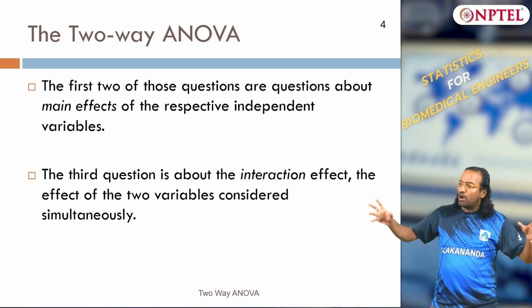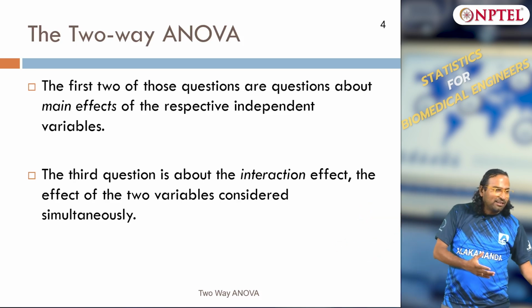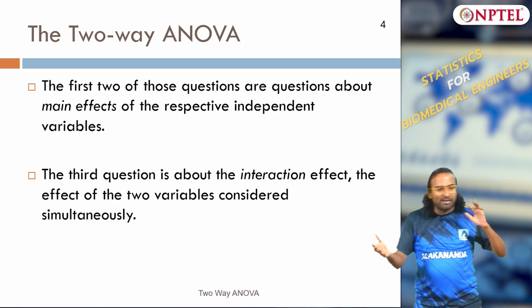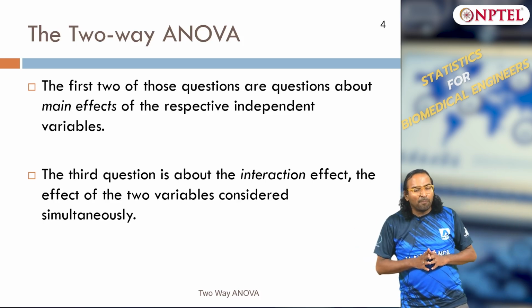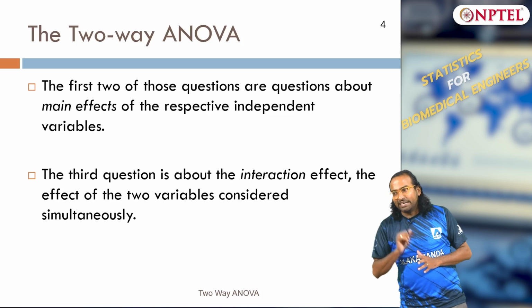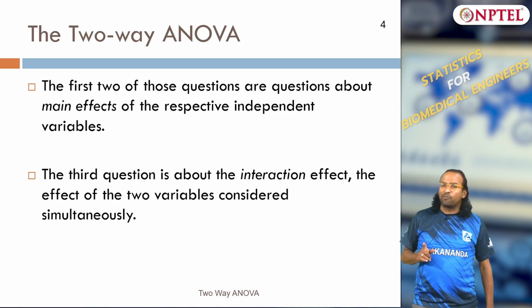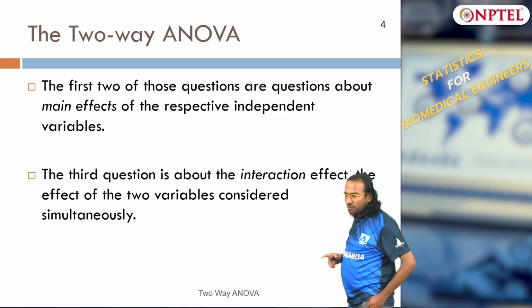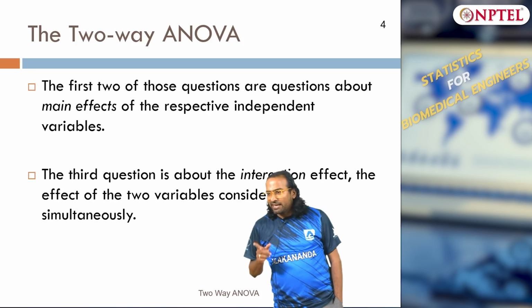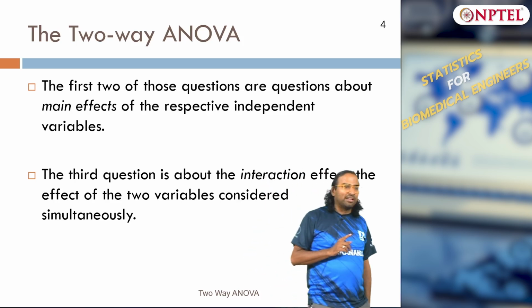Like constructing two RCBDs, you can keep A constant, you can keep B constant, you can do all combinations, but never understand the interaction effects. So whatever you have so far studied, even if you do multiple experiments of them, you will not be able to understand the interactions. That is the challenge.